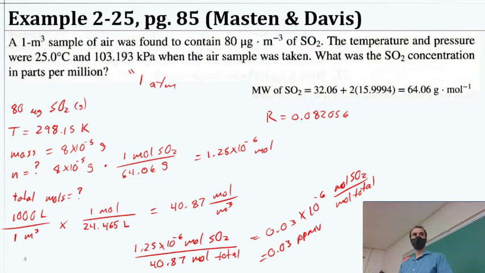All right. Yeah. So when you divided 1.25 times 10 to the negative 6 by 40.87, you divide that number you get by 10 to the negative 6, right? Yeah, so the question is, once I divide these two here, the 1.25 times 10 to the minus 6 divided by 40.87, you take that number and divide it by 10 to the 6.